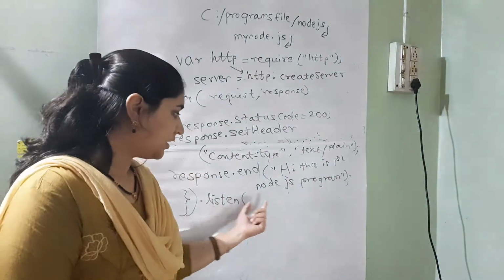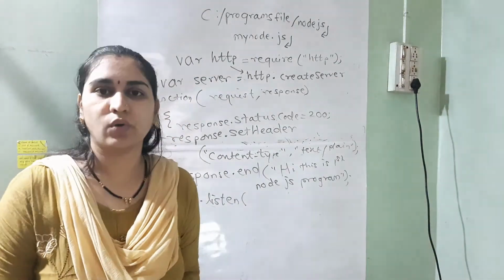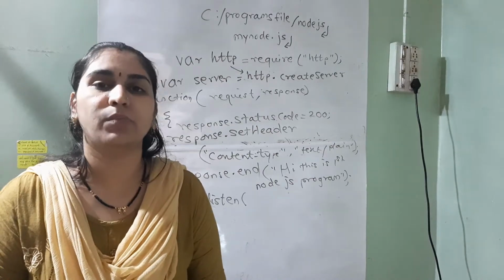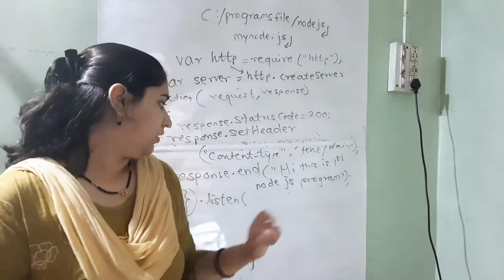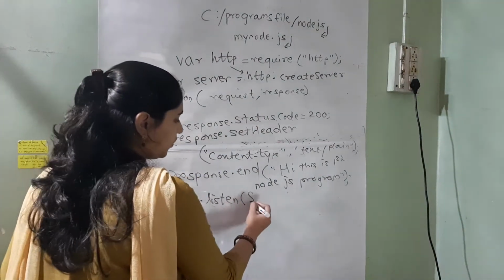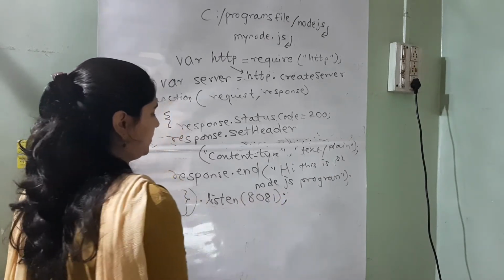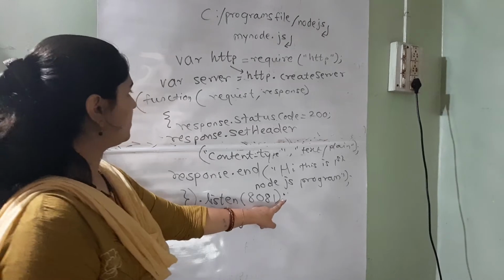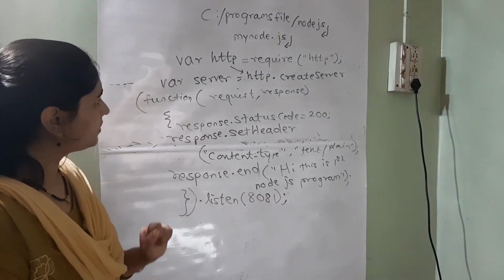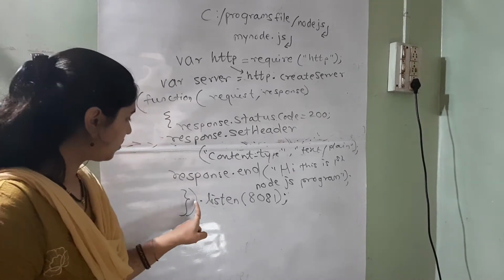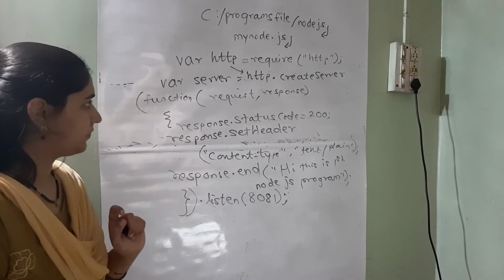We can have that URL over here. You can hard code it, go to that particular URL and execute the program. Or we can write here, suppose, port number 8081. I am writing it like this. After this statement, nothing remains, so I just closed all the braces.